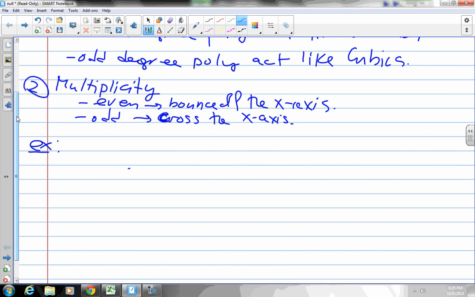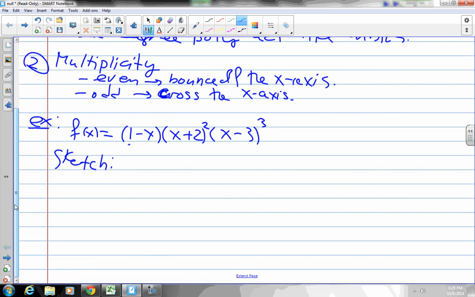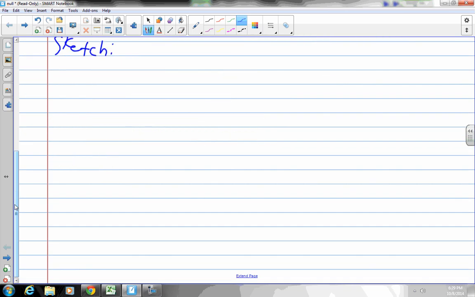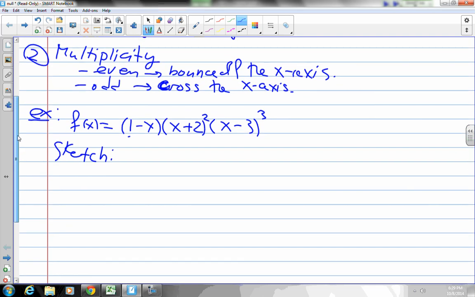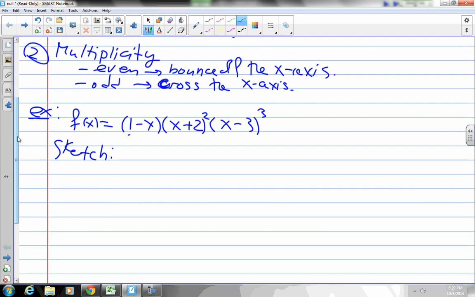So for example, if I give you this function, more review of what we did last time: 1 minus x, times x plus 2 squared, times x minus 3 cubed. I want us to sketch this. We like it when things are factored.